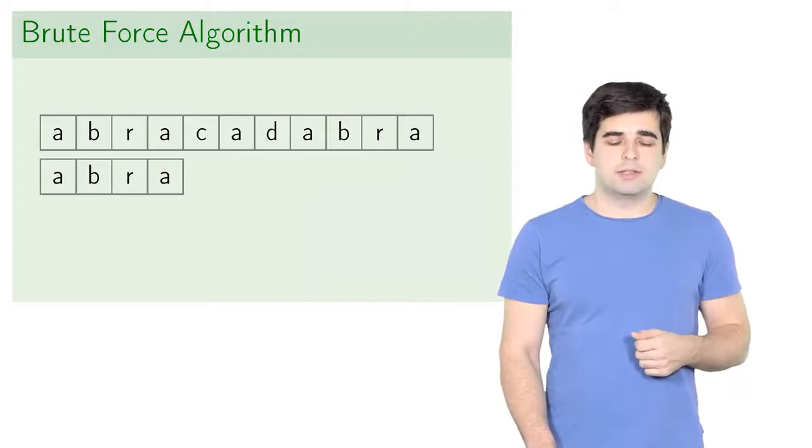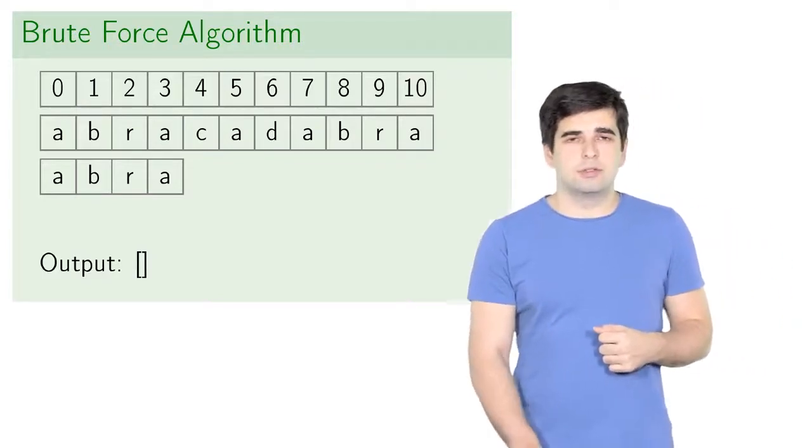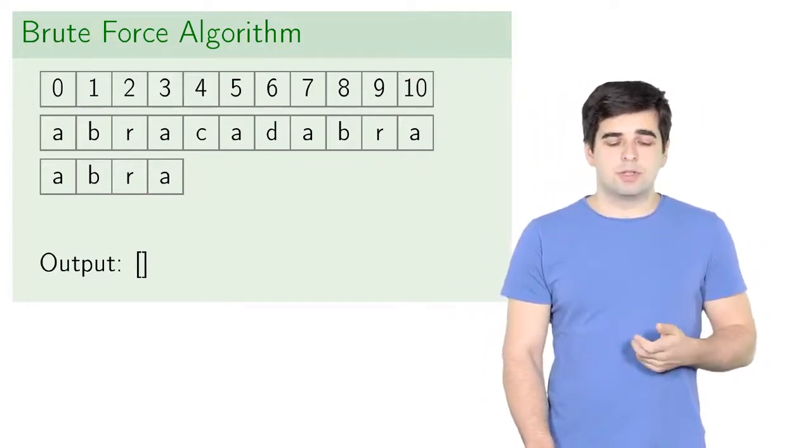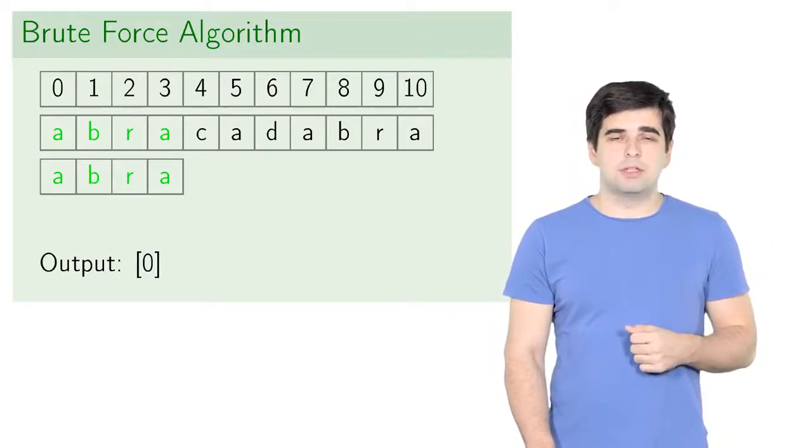It first aligns the pattern and the text such that the pattern starts from the 0 position in the text and tries to match the pattern by comparing it character by character to the corresponding characters of the text. And in this example, we find the pattern right away in the position number 0, so we add position number 0 to the output.